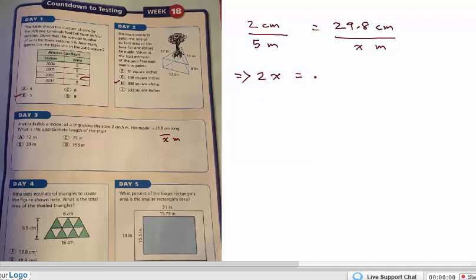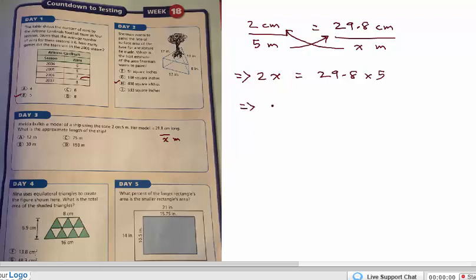So if we assume that the length of the ship is x meters, now this is going to be like 2 centimeters over 5 meters is equal to 29.8 centimeters over x meters. To solve for x, we cross multiply. So we have 2x is equal to 29.8 times 5. Cross multiply means this times this and this times this.